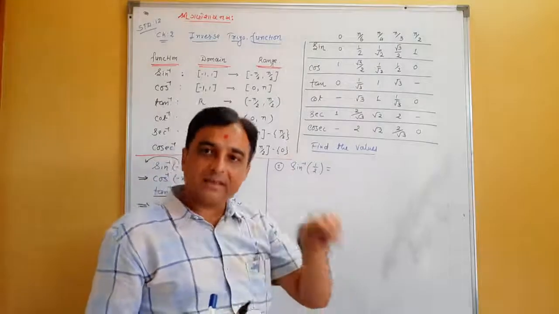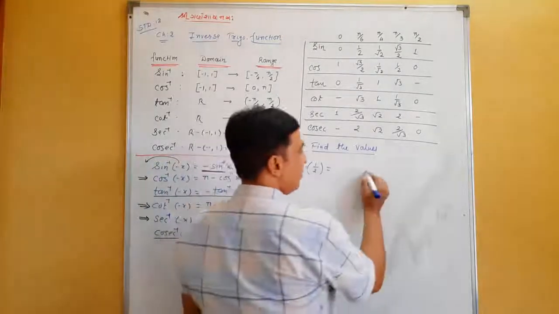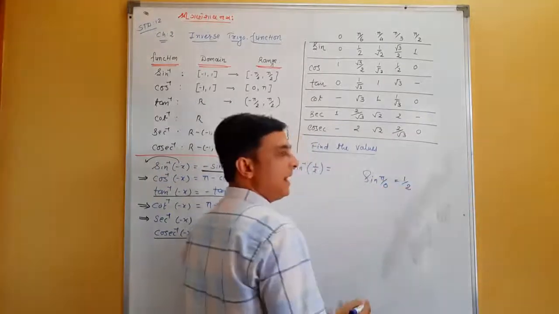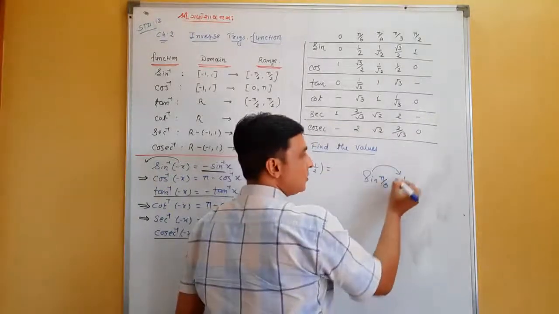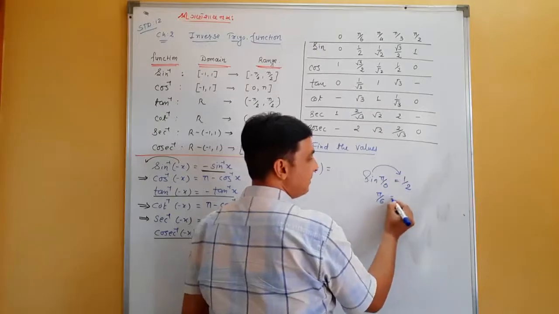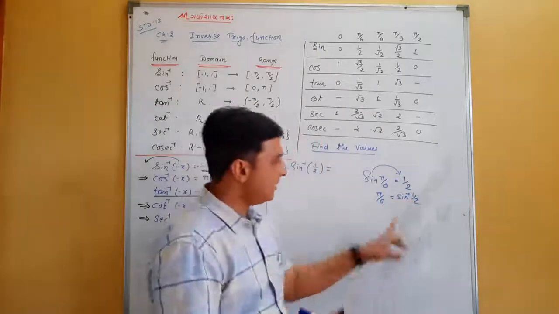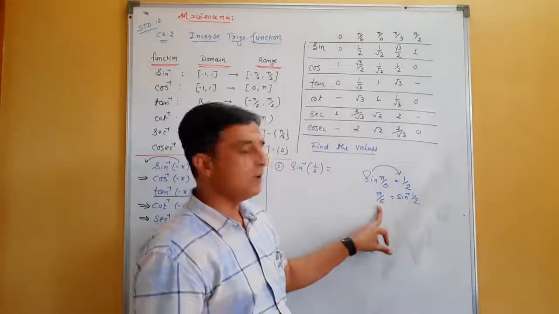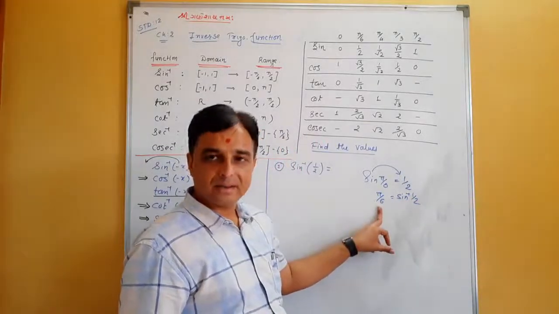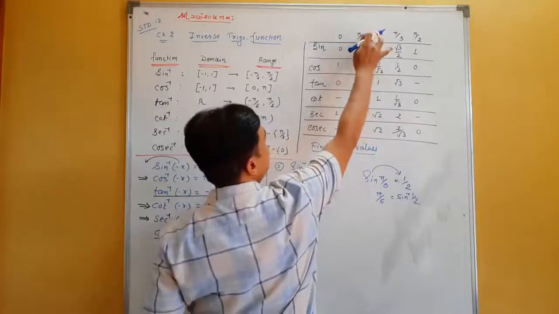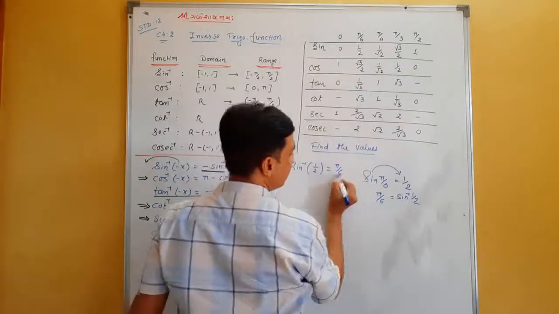Sine pi by 6 is 1 by 2. We know sine pi by 6 equals 1 by 2, but when sine goes to the right hand side, it becomes sine inverse 1 by 2. That means sine inverse 1 by 2 is pi by 6.